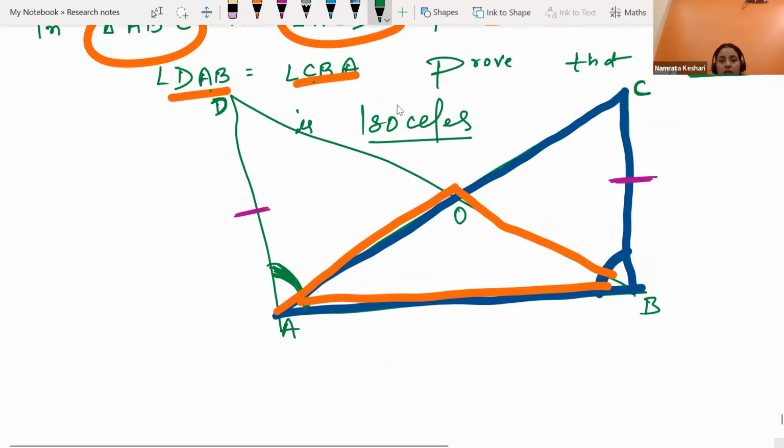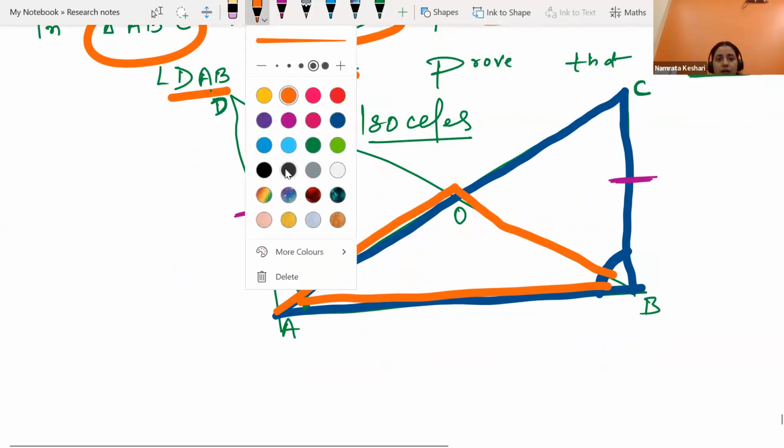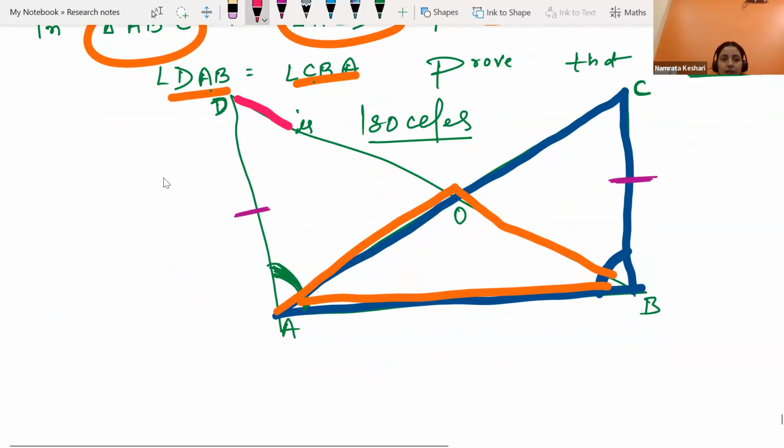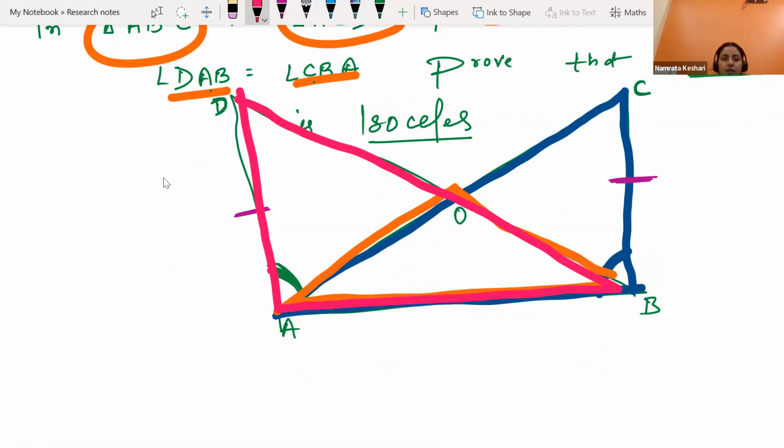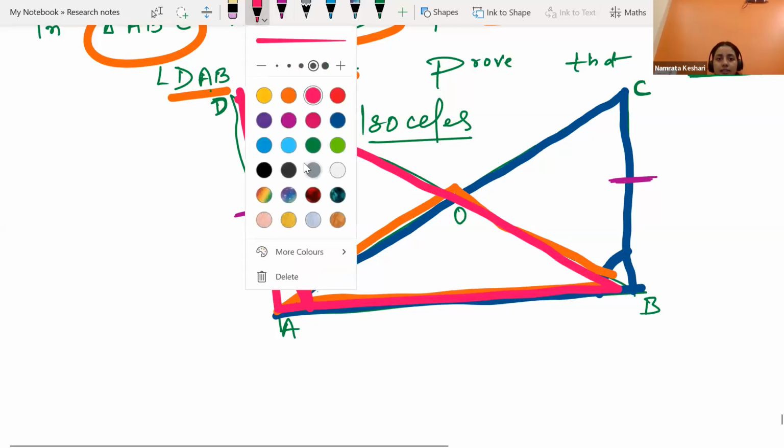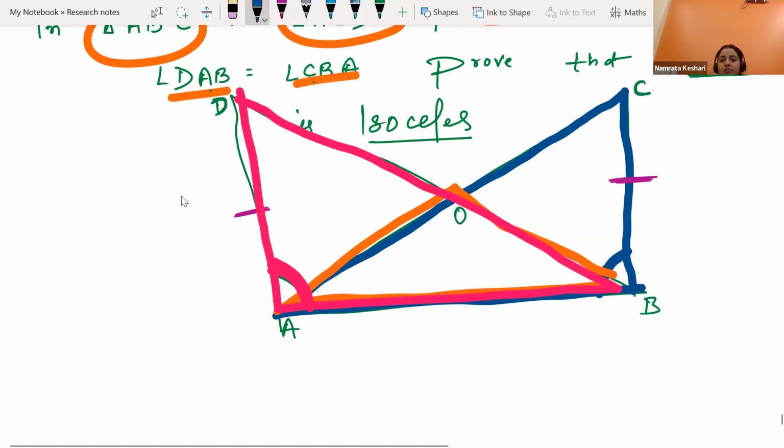I'm drawing it; you can focus on the blue triangle and the pink triangle. This pink color angle and that blue color angle are equal. It is given.